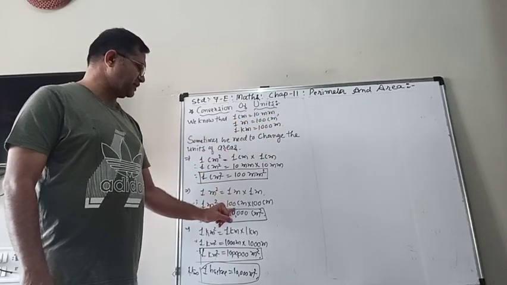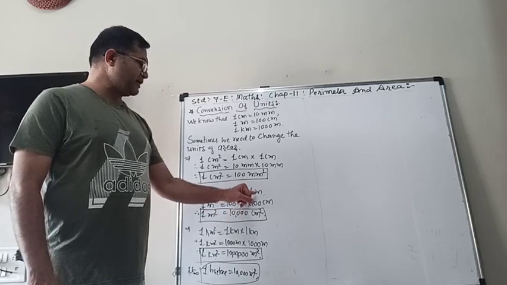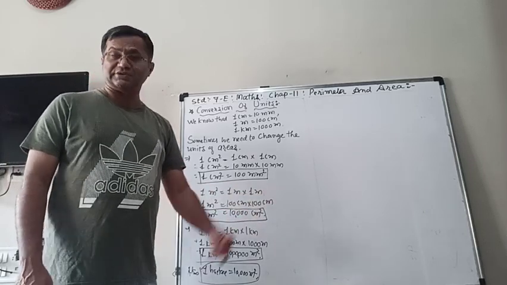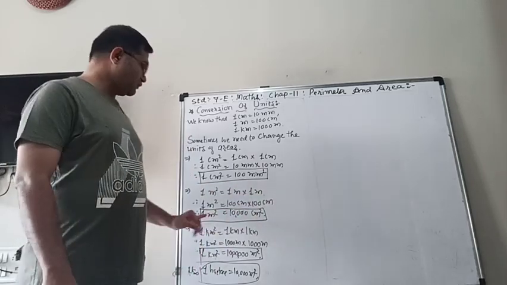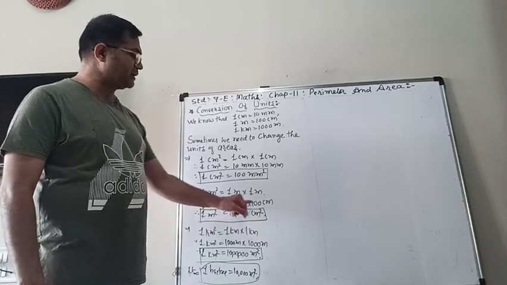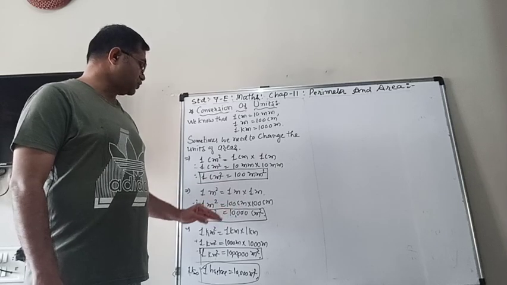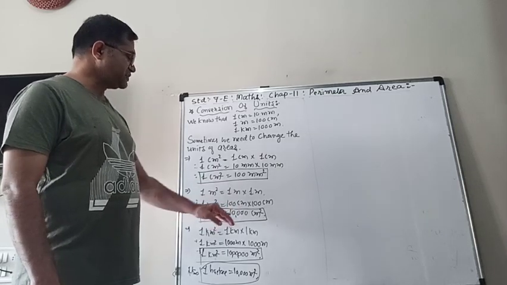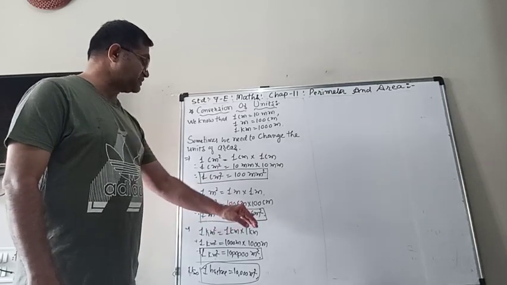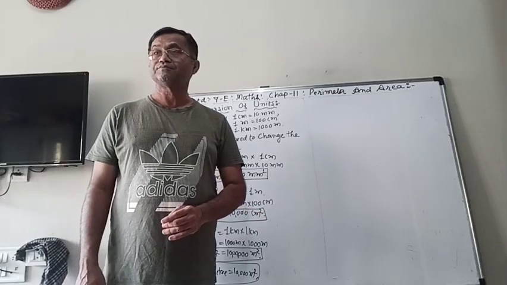So 1 meter square is 100 multiplied by 100, that is 10,000. So 1 meter square is equal to 10,000 centimeter square.